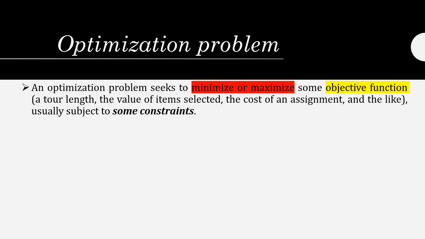And all these problems are based on some problem constraints or conditions. For example, some objective functions are the minimum tour length, the value of items selected for knapsack, and the cost of an assignment with respect to the assignment problem. Like that, you can list some objective functions.